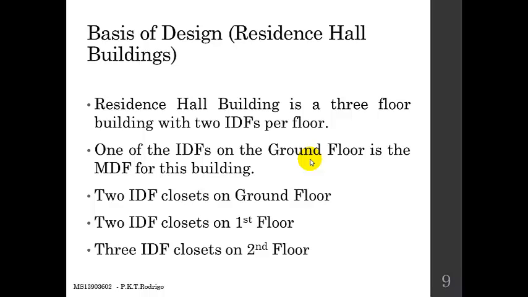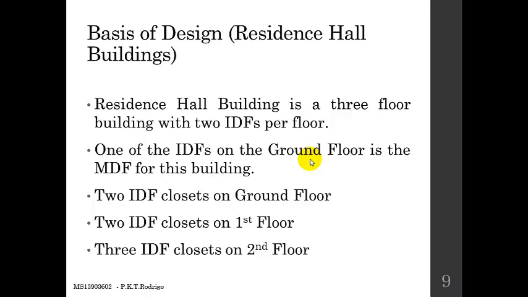Now we are moving to the residence hall building architecture. According to our analysis, this residence hall is also an important building to the network, because the building also has 3 IDFs with structured cabling.